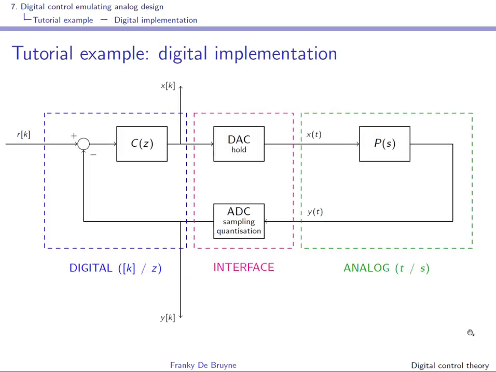Well, to help you explain things visually, this is a slide that might help. So this is the digital controller, and you can simulate the sampled data system in Simulink.